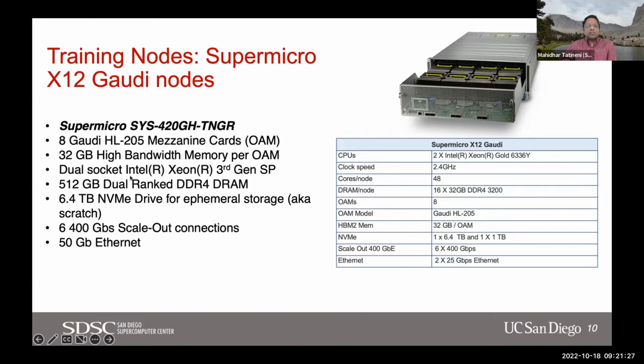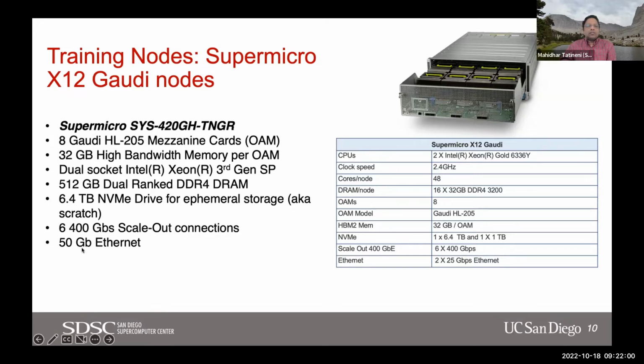The host CPU is a dual socket Xeon 3rd generation processor with 48 cores on each of the sockets. Then you have 512 gigabytes of RAM on each node and 6.4 terabytes of NVMe drive, which you can use as scratch space when you're doing your training.